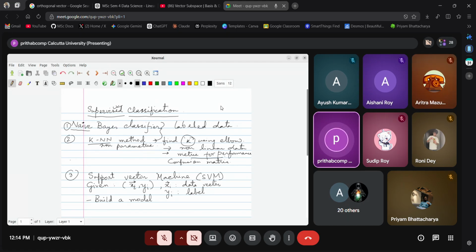So we want to build a model such that for a new point, a new data vector, or you can think of it as a point, which I'm calling Pi with a vector mark over it, we can predict its class.